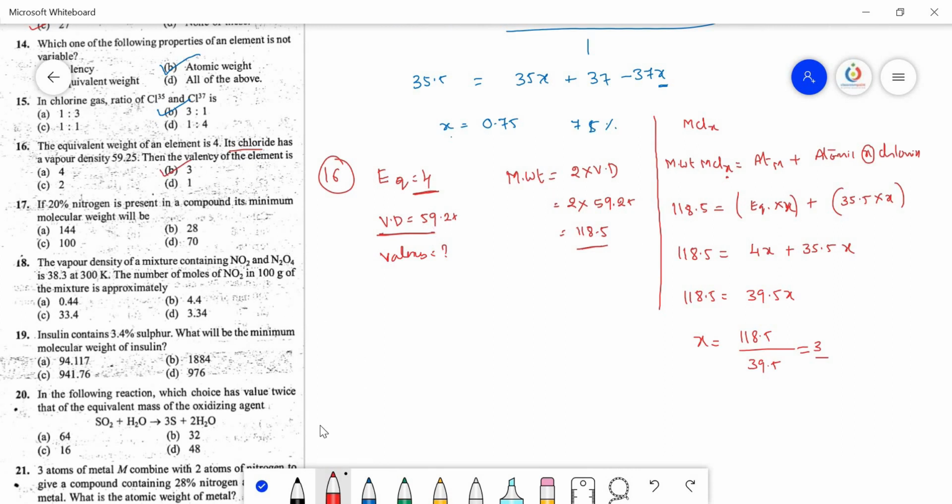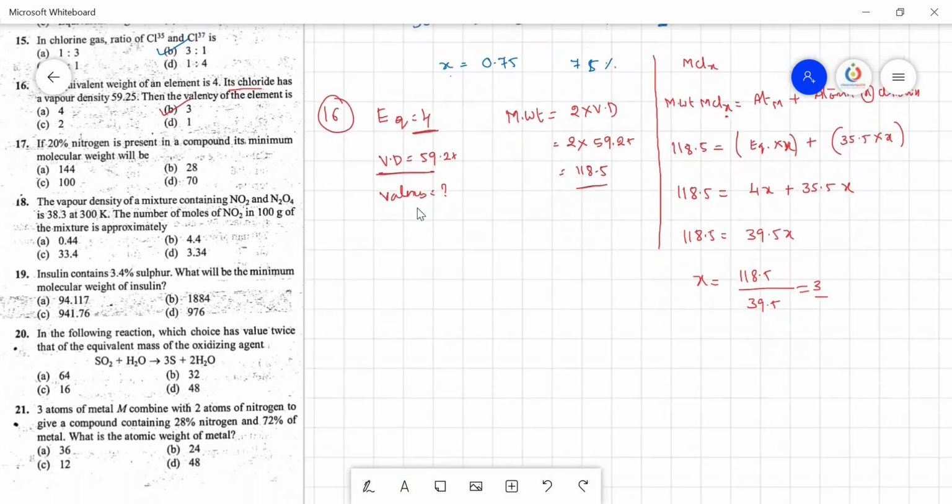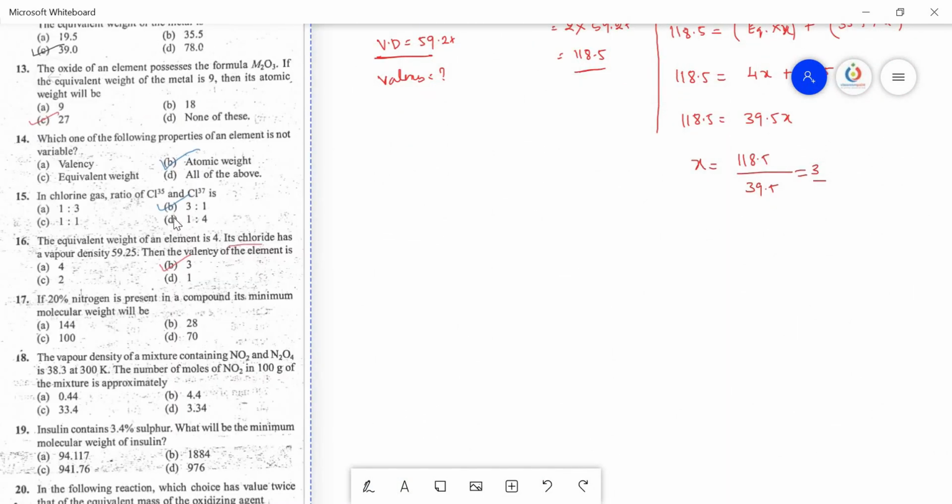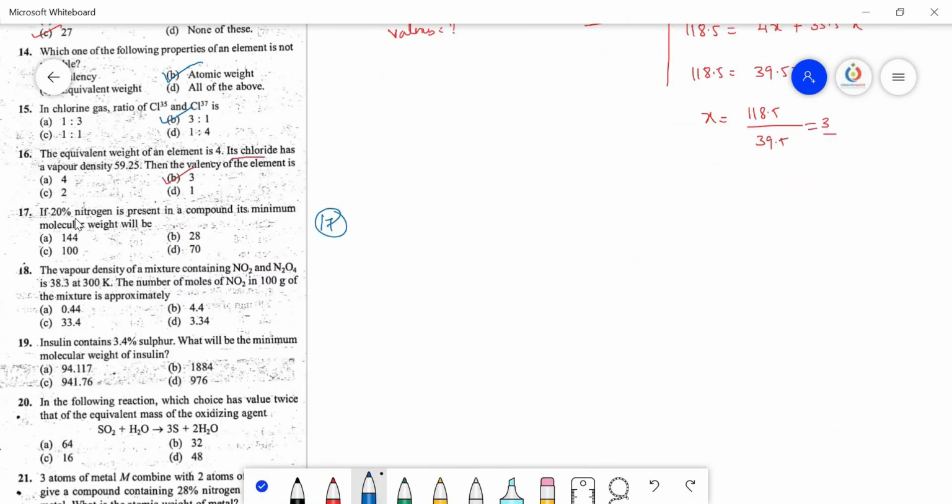Now let us solve question number 17. If 20% of nitrogen is present in a compound, its minimum molecular weight will be? See, 20 grams of nitrogen is present in 100 grams of the molecule. If at least only one nitrogen is present, its mass is 14 grams, the atomic mass of nitrogen.